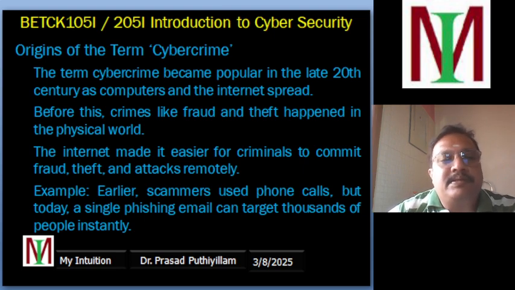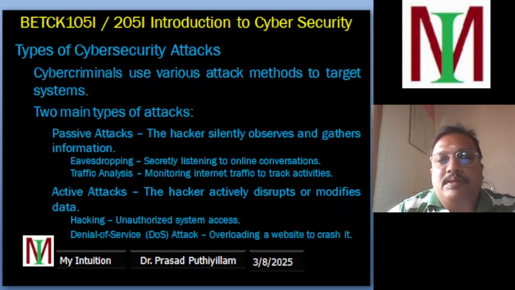At a stretch they send a mail to many. Few of them respond to that. They will catch on to them, collect the details, and steal the money from them. That is the origin of the word cybercrime. Now the types of cyber security attacks.